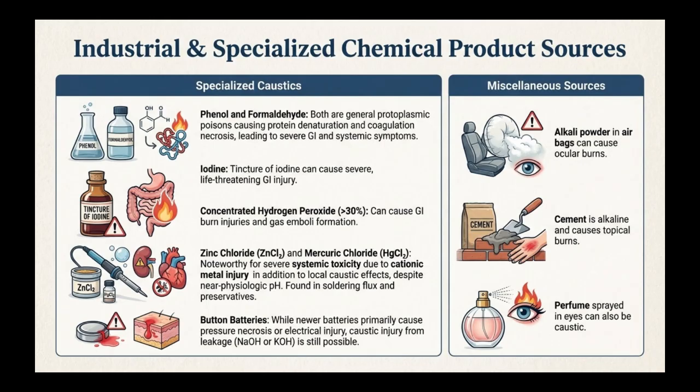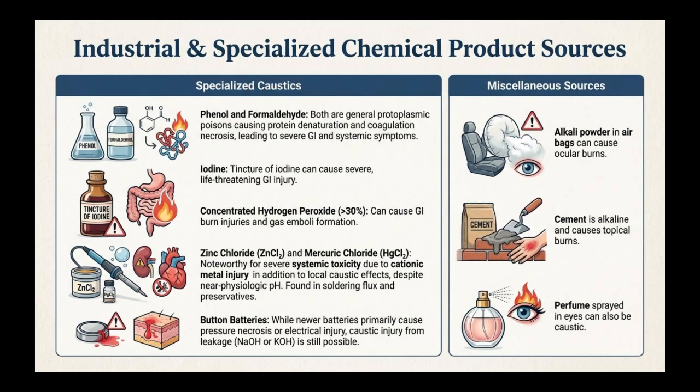Alkalis are often colorless and odorless and may not cause immediate pain, which can result in larger ingestions and more extensive burns. The esophagus is particularly vulnerable to alkaline damage, especially at narrow portions where pooling can occur. Gastric and intestinal necrosis can also result from alkaline ingestion.